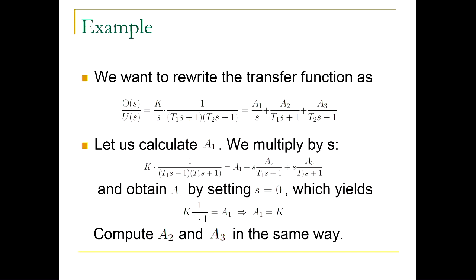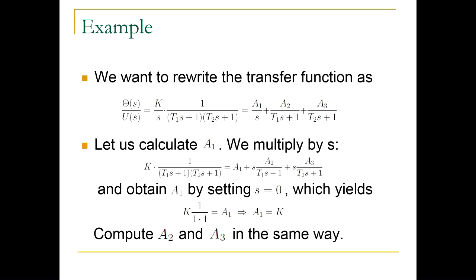And now you can calculate each of them by first assuming this form. By the way, you can also calculate them with the formula I gave you. A1, A2, and A3 are constants, the residuals, that I gave you formulas for.